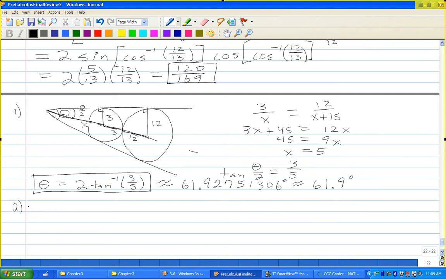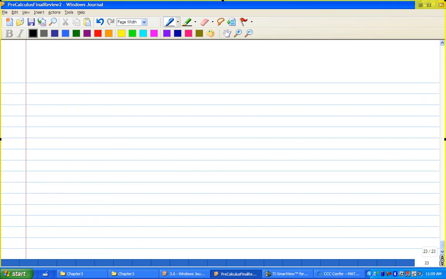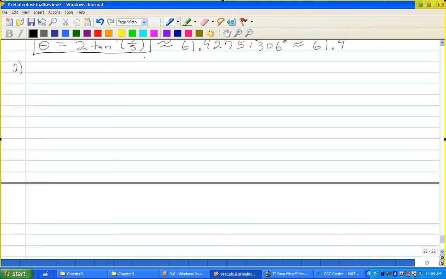2. An aircraft is at some point Z, is spotted by observers at X and Y who are 1,500 feet apart.